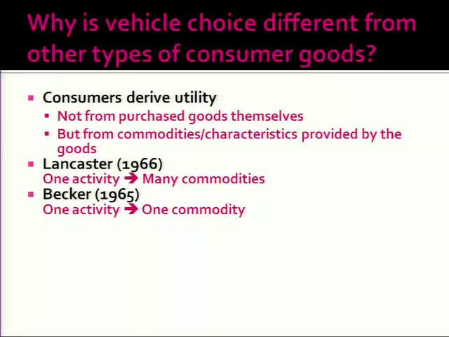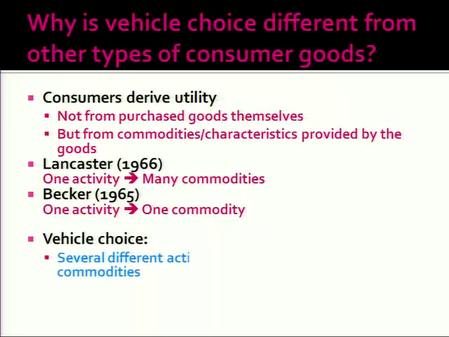But we wanted to synthesize that in vehicle choice and say that for vehicles, it's different because there are several different types of activities that you can engage in that can generate the same commodity.